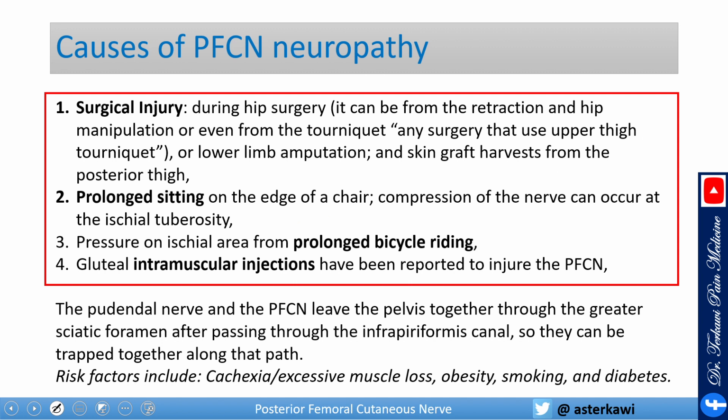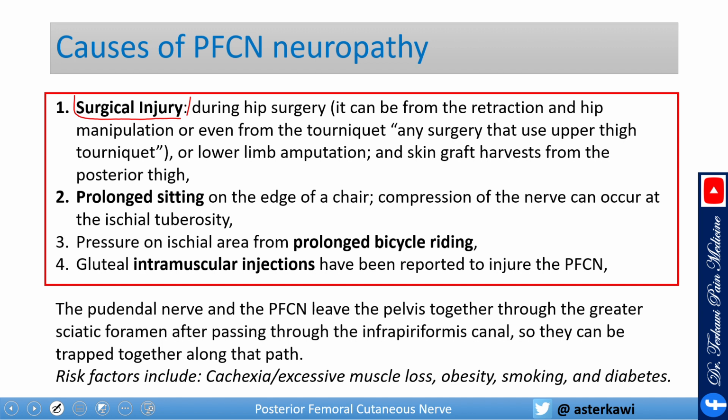Causes of posterior femoral cutaneous nerve neuropathy. The most common cause among these four is surgical injury. Typical presentation: a patient after hip surgery. The nerve can be injured from retraction, the manipulation itself, and the tourniquet, especially if we have a long tourniquet time.